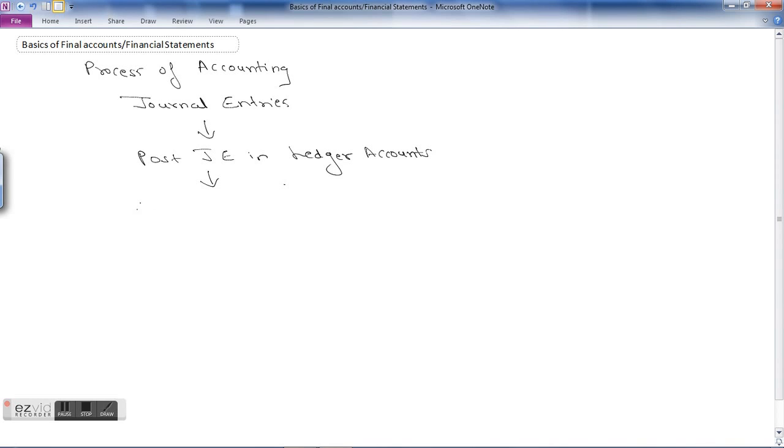So at the end of every period, what we do is we prepare a trial balance. Trial balance is nothing but a statement showing all the balances in the ledger accounts, that is, all debit and credit balances.